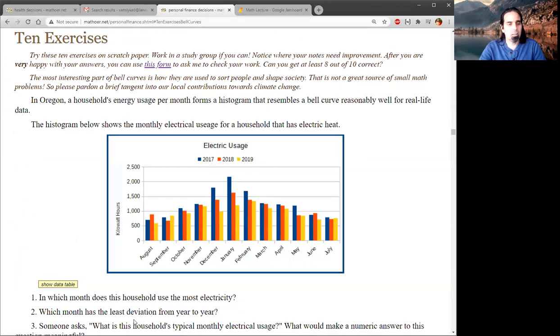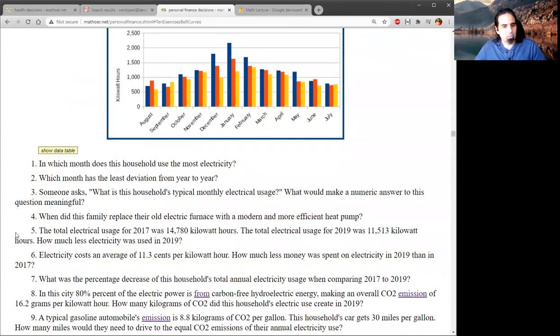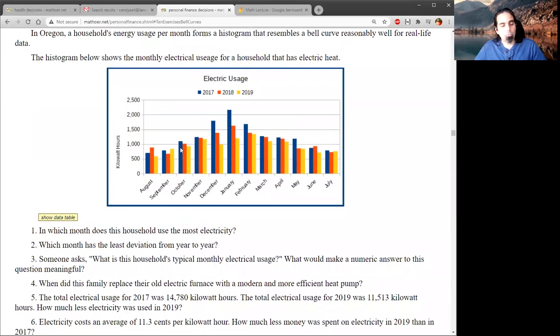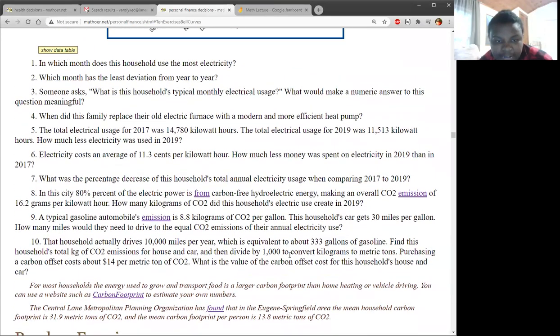Okay. The bell curve ones, that's just basically reading a chart and doing some stuff. And if that winds up being due on Monday, that's okay.